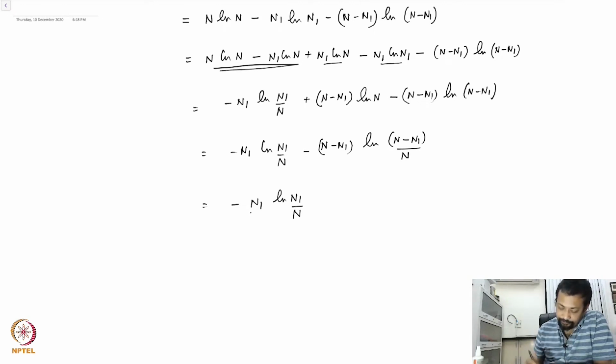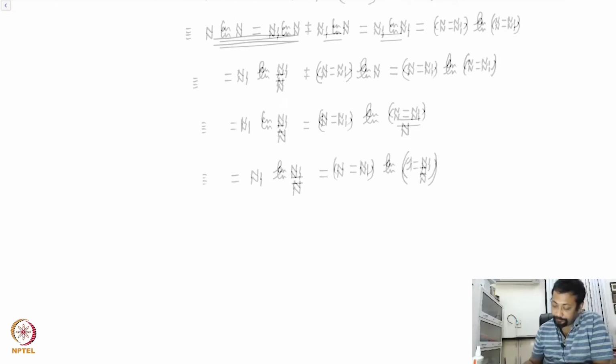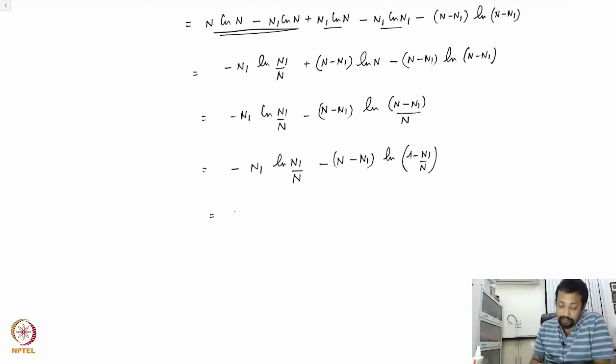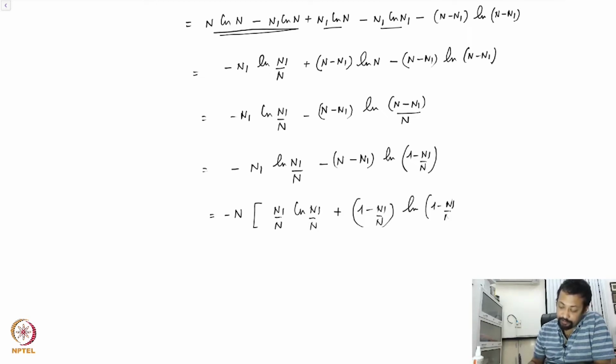Now this is fine. n1 ln n1 over n minus (n minus n1) ln (1 minus n1 over n). If I take n outside, minus n, then this becomes n1 over n ln n1 over n plus (1 minus n1 over n) ln (1 minus n1 over n).